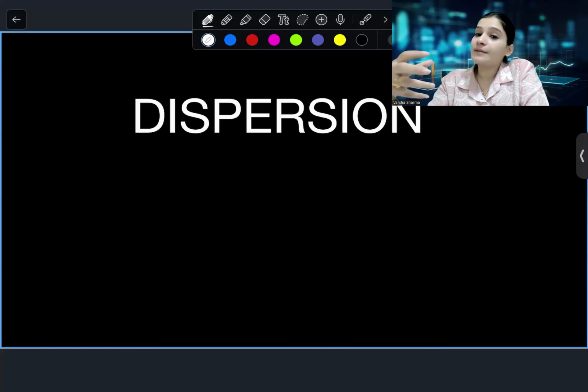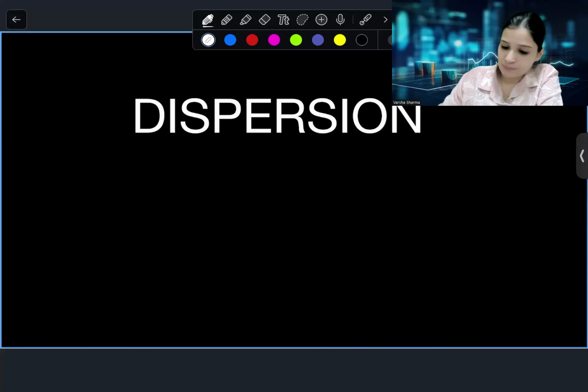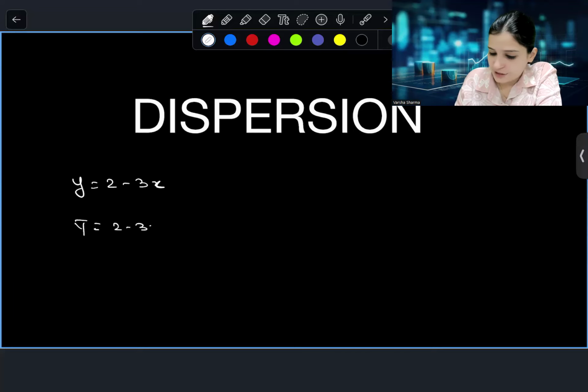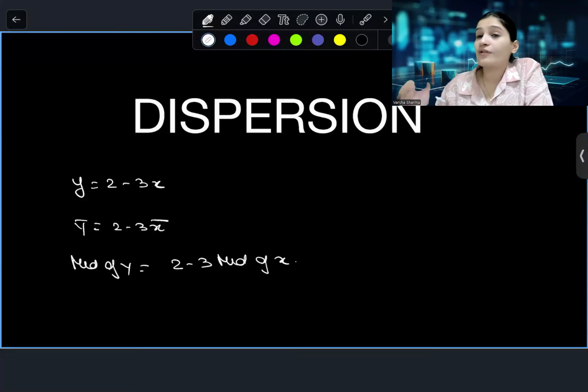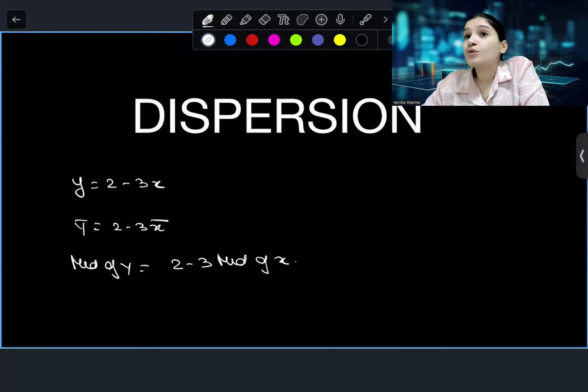So if I added something or multiplied something, for example, y is 2 minus 3x, then mean of y is 2 minus 3 mean of x, median of y is 2 minus 3 median of x, and the same goes for mode also. But remember, mean, median, mode could have been positive, negative, anything. The entire dispersion chapter can never have a negative answer. Dispersion is always positive.